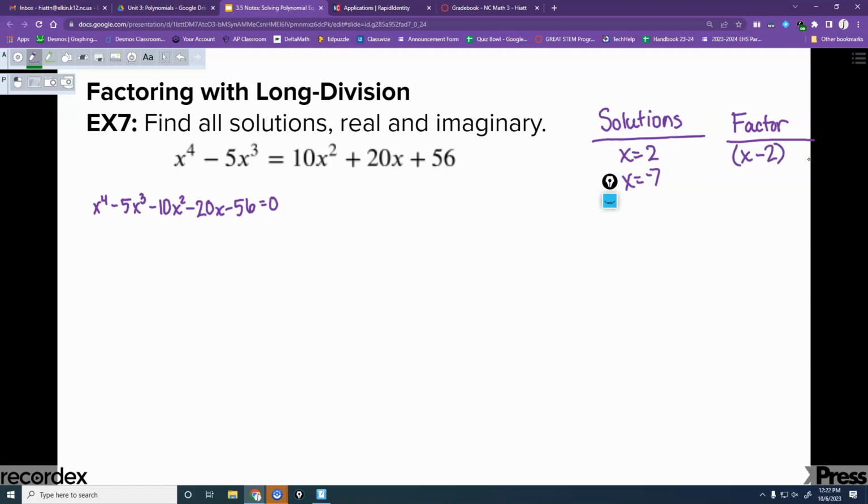Because really what I want is to have f of x equals and then have it all factored out. So x minus 2 is going to be a factor if x equals 2 is a solution. So here's what we've got to do for these. We got to bring out that long division here, and we're going to use x minus 2.